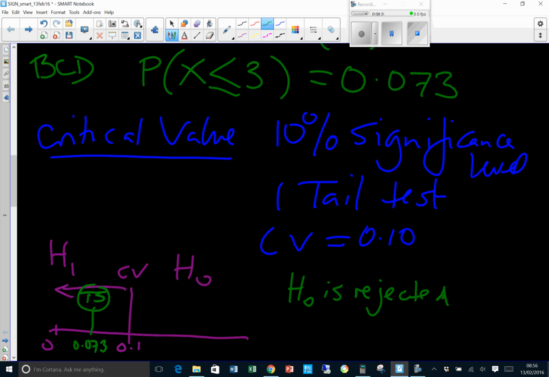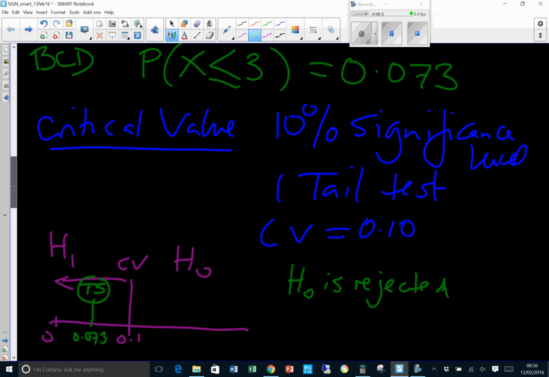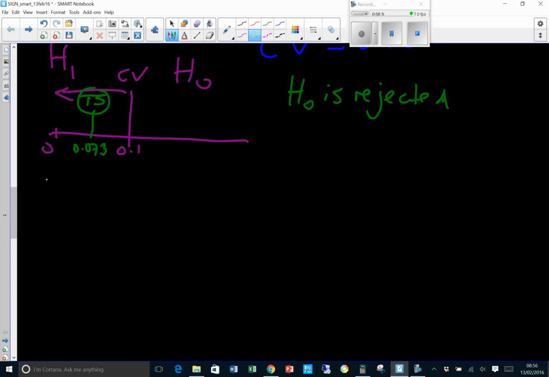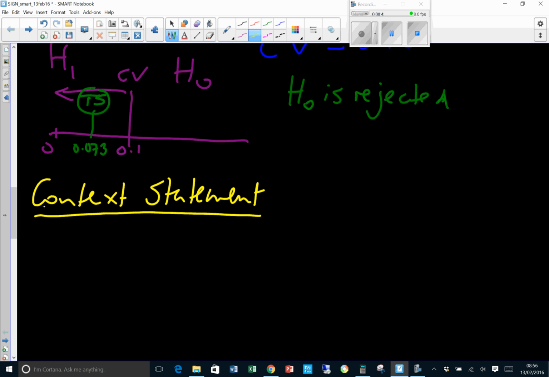So we've reached our conclusion. What we now need to do is write our context statement. And remember that we want to lift as much as possible straight from the question. Now, the fact that H0 was rejected means we're starting with a statement that there is significant evidence.